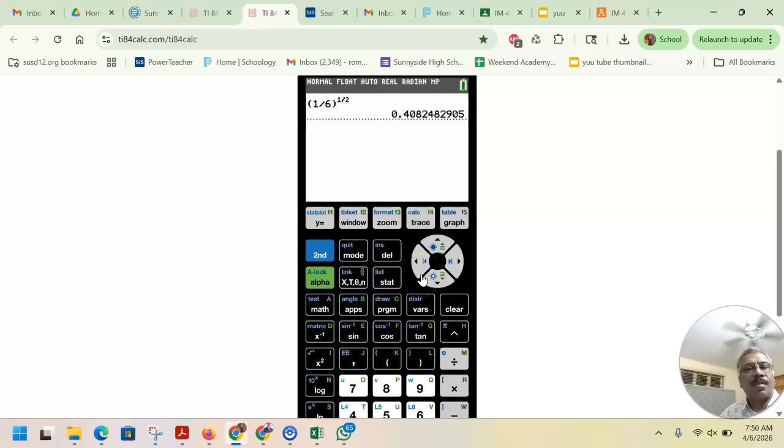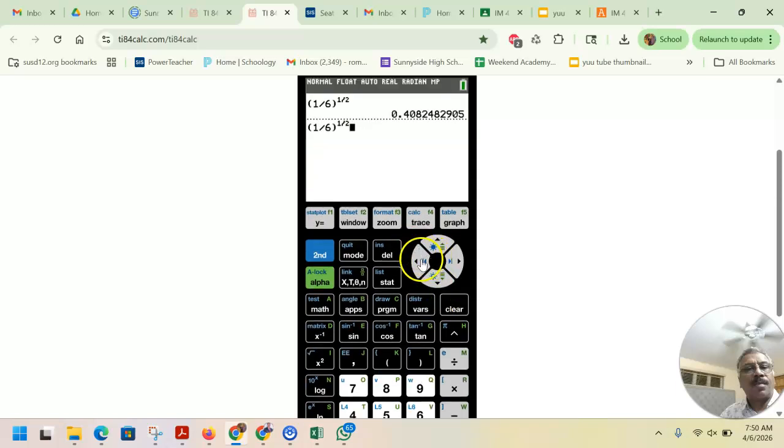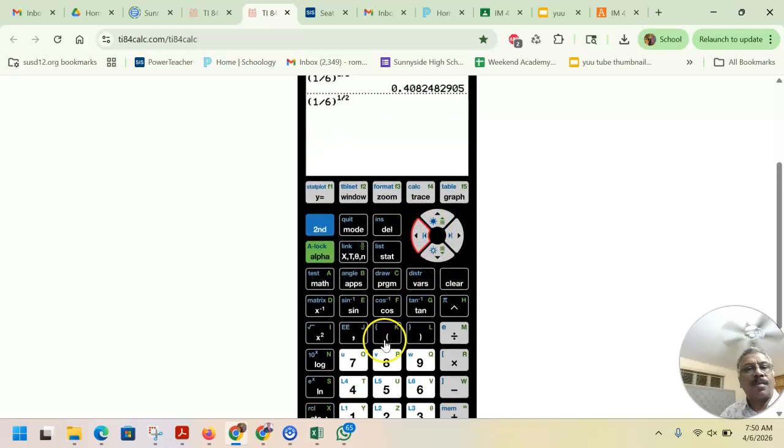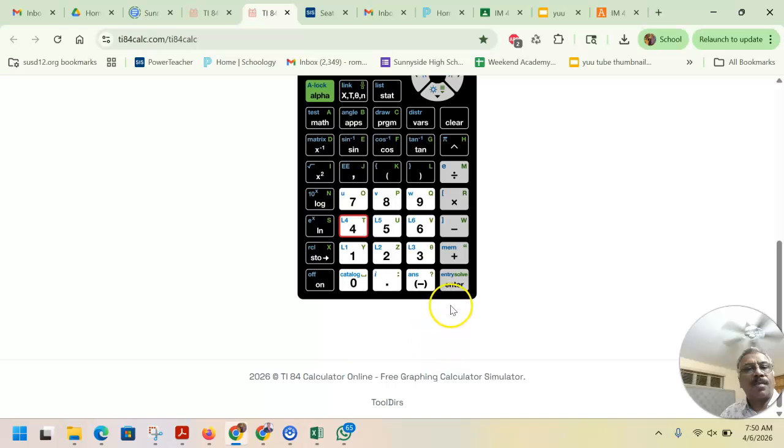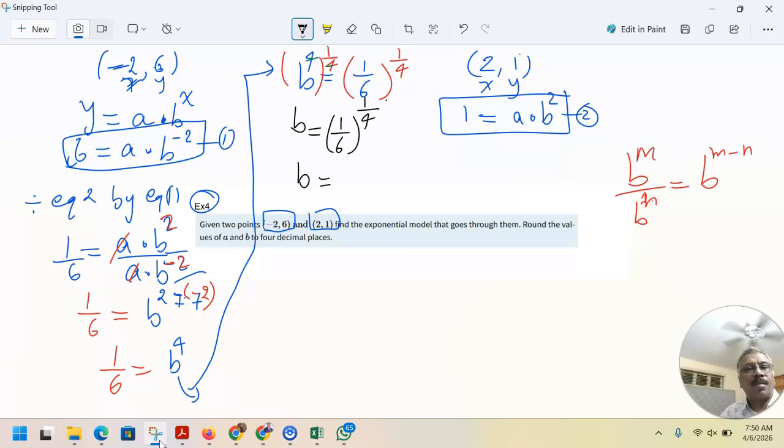I think it is 1/6 divided by 1, so I'll go back up here, and we need to edit this. This is 4. And you get 0.6389. So go back to this one, and this is 0.6389.